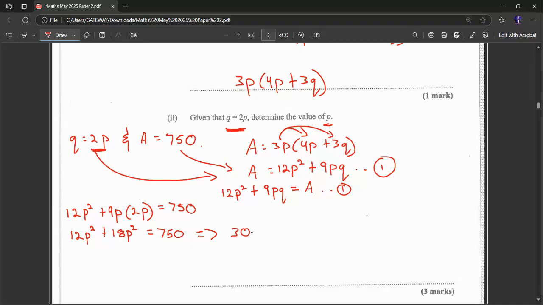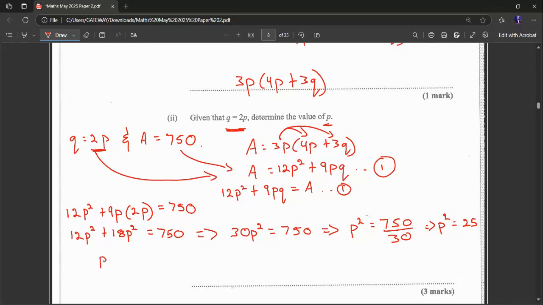So 30P squared, and that is equal to 750. So P squared is equal to 750 divided by 30. When you divide that, you should get 25.